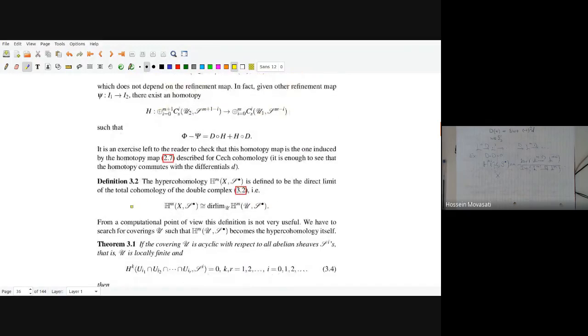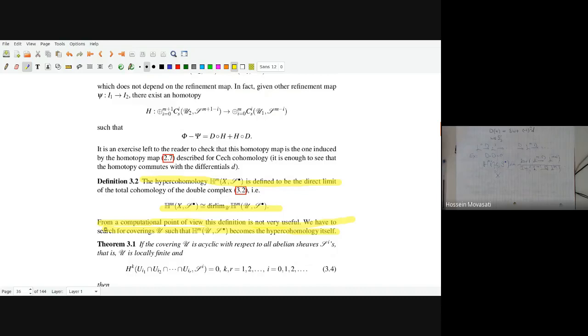But anyway, the point is that if we define the hypercohomology of X with coefficients in this complex S-bullet, then it will be just a direct limit. This is the definition that we have.